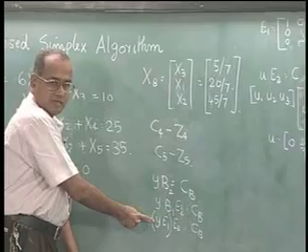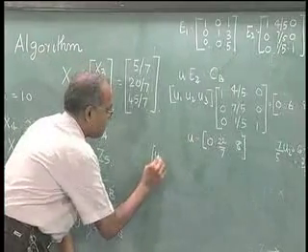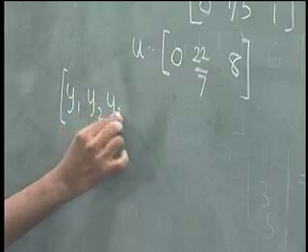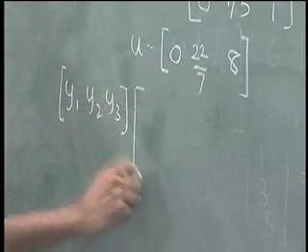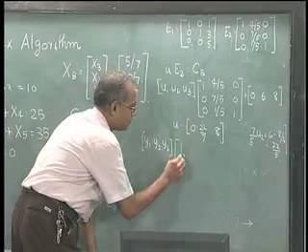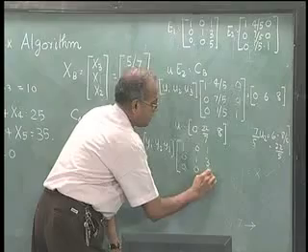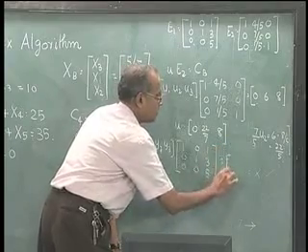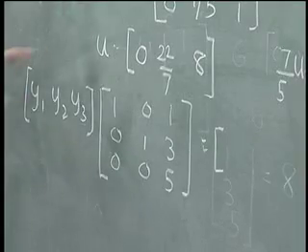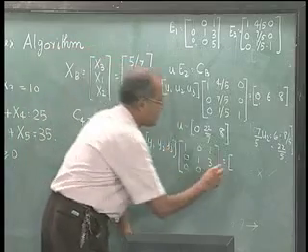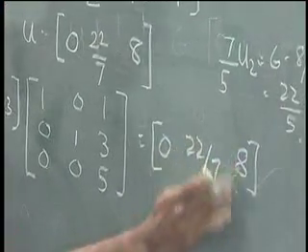Now, come back to this and say y into E1 is equal to u. So, you will have y1, y2, y3, which is y, into E1, which is 1 0 0, 0 1 0, 1 3 5, is equal to u. So, this is equal to 0, 22 by 7 and 8.